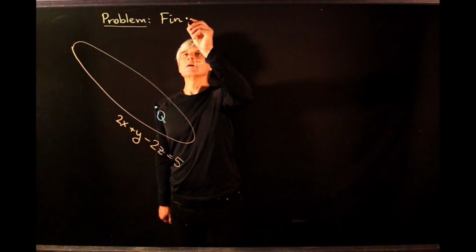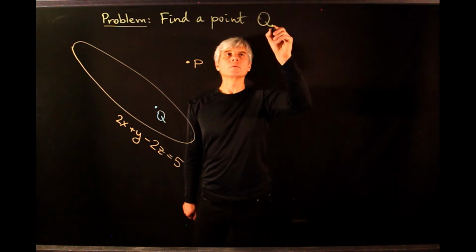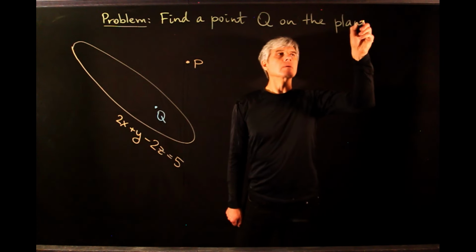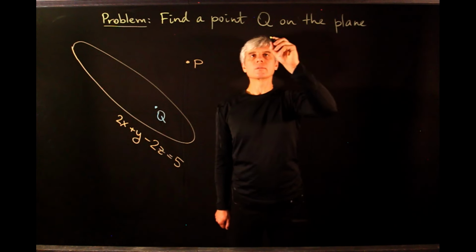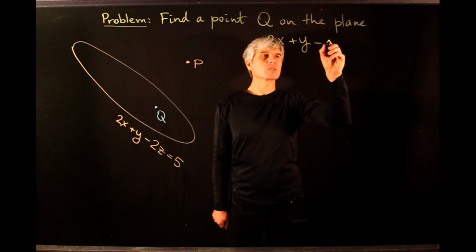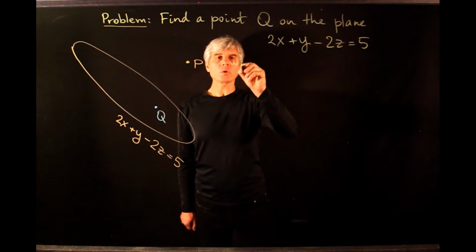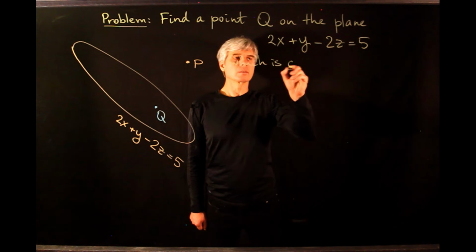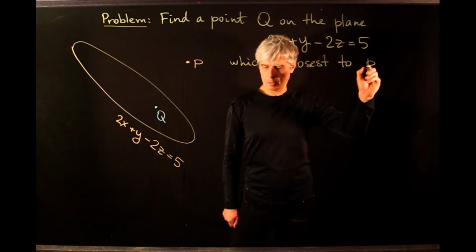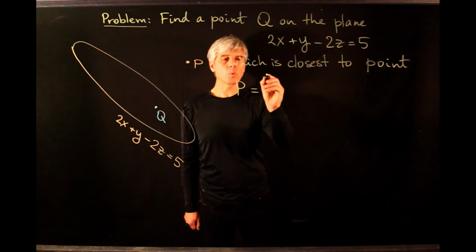Find a point Q on the plane with equation 2x plus y minus 2z is equal to 5, which is closest to point P with coordinates 1, 2, 3.